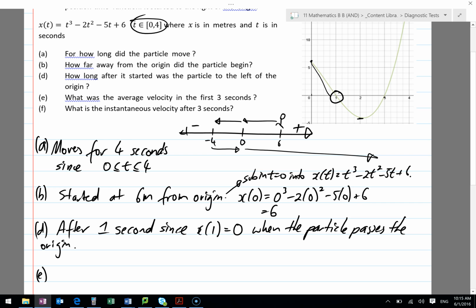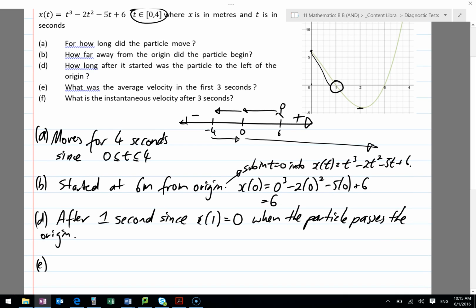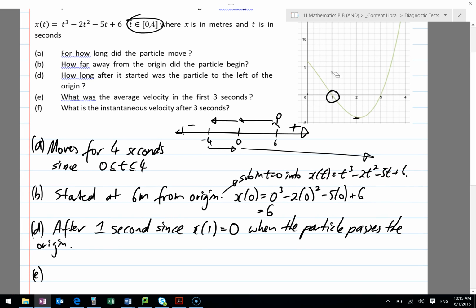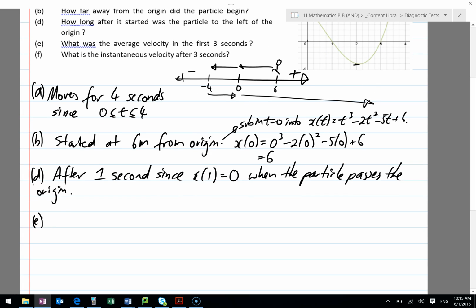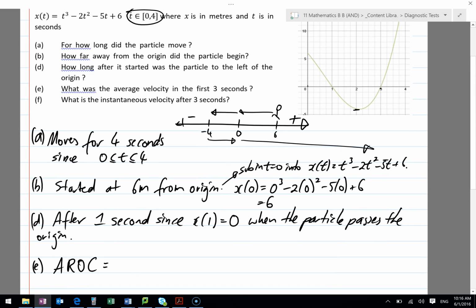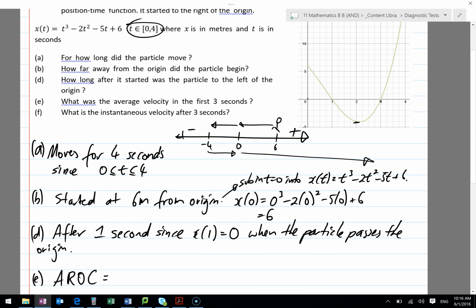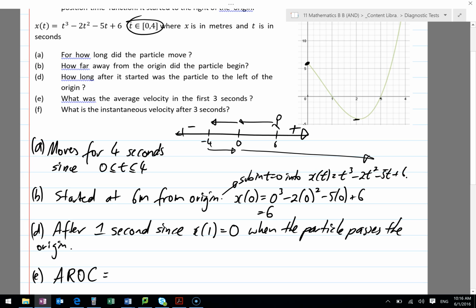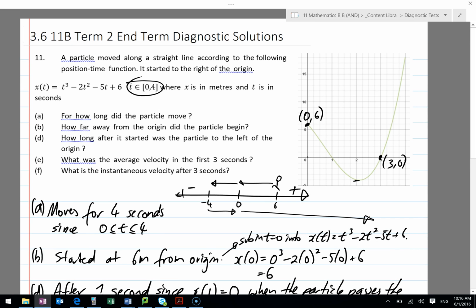Part E, what was the average velocity in the first 3 seconds? So I'm looking for an average rate of change. For the first 3 seconds, I've got 2 options here. I can just use these points, (0, 6) and (3, 0). I'm calling this x and this t.